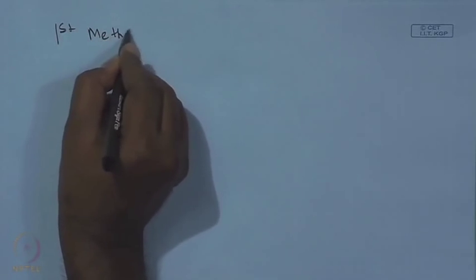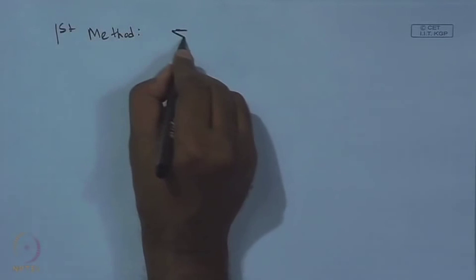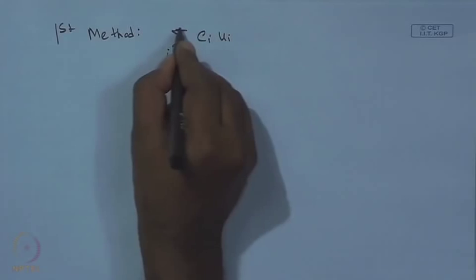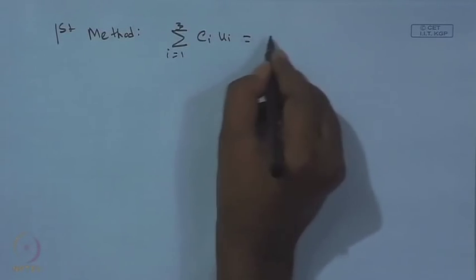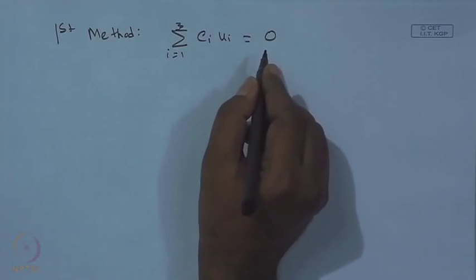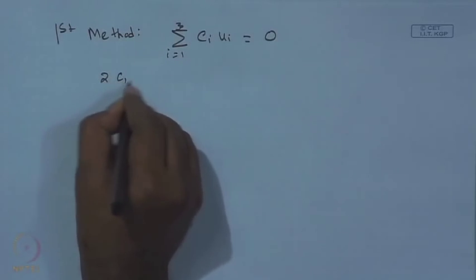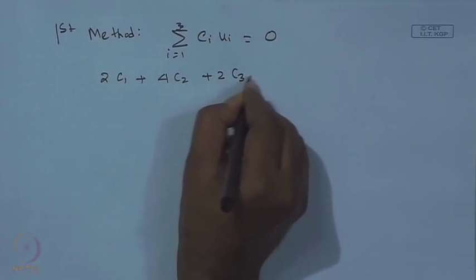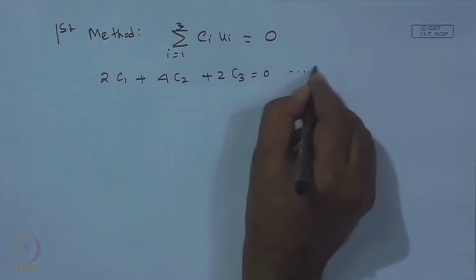Using the first method, we can express the vectors as a linear combination, summation Ci Ui equal to 0. We consider this equation. So, this will be 2 C1 plus 4 C2 plus 2 C3 is equal to 0, that is equation number 1.